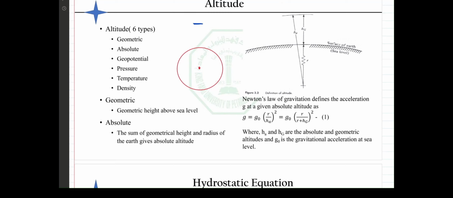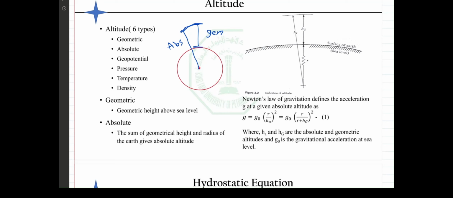The distance from the surface of the Earth to the altitude that we want is called the geometric altitude. The distance from the center of the Earth to the specified altitude is called the absolute altitude.